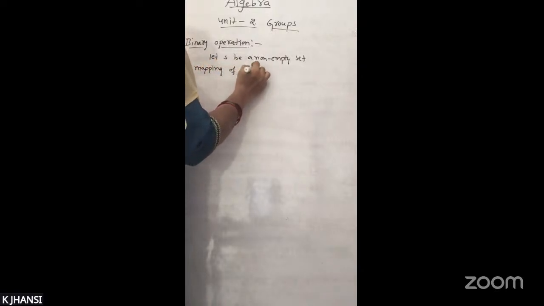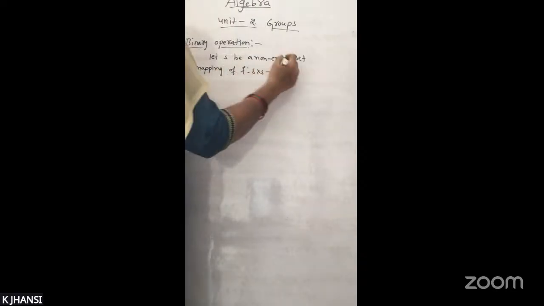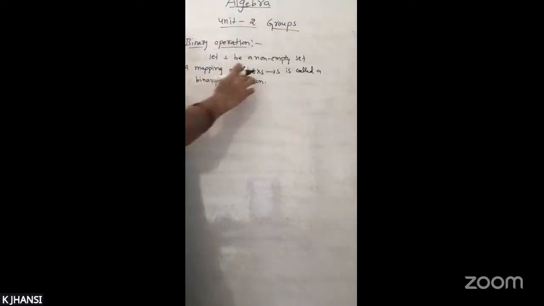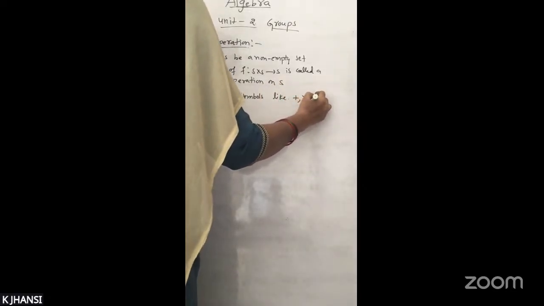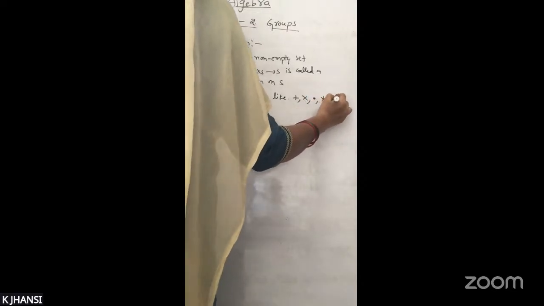A mapping of S cross S to S is called a binary operation on S. Here we are taking S as a set, therefore on set S it is called a binary operation. It is denoted by symbols, like plus, multiplication dot, star, or circle. These are usually taken as binary operations.